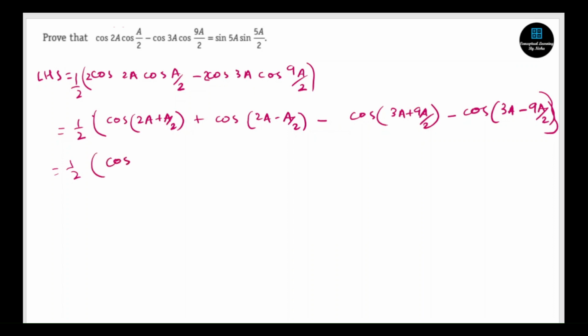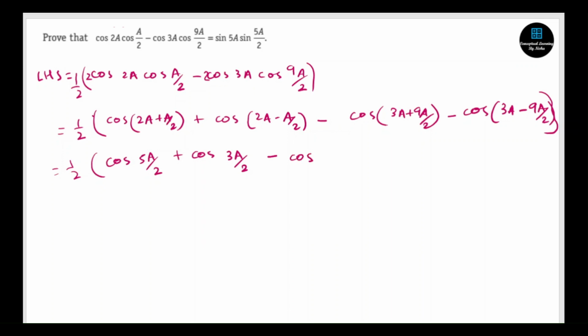So what do we get here? Cos, this is 4a plus a/2, so 5a/2, correct? Plus cos 3a/2, right? Minus, what do we get here?